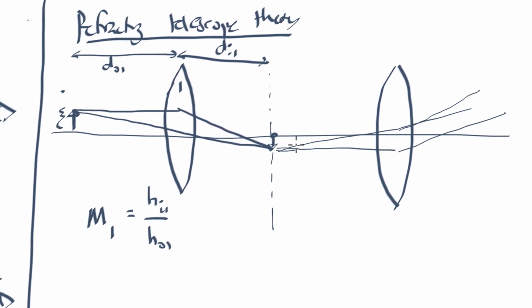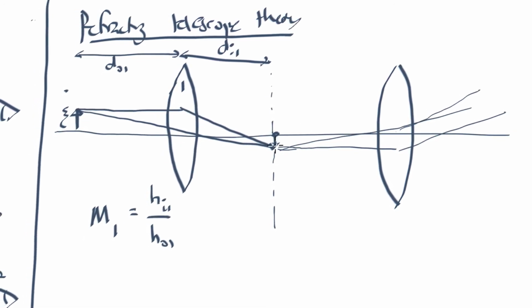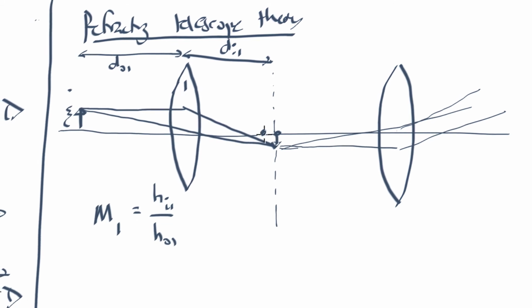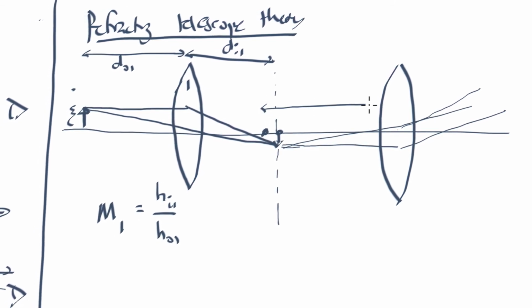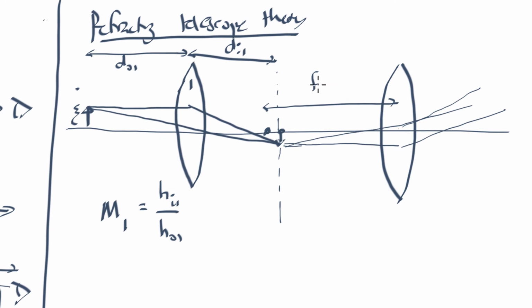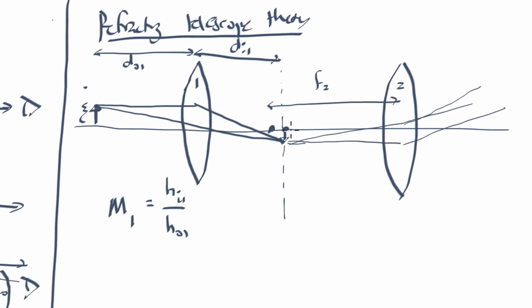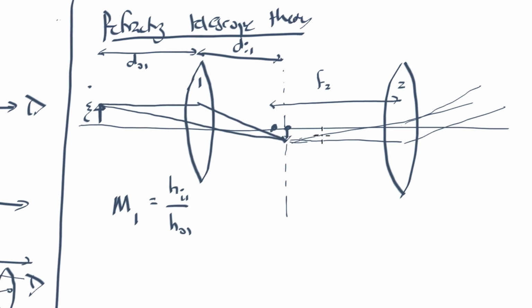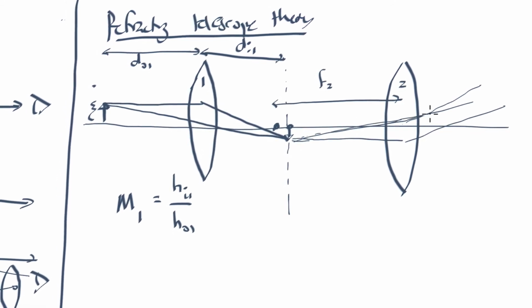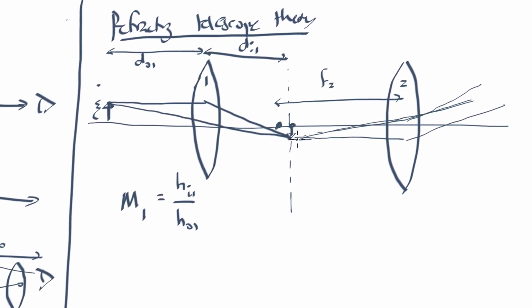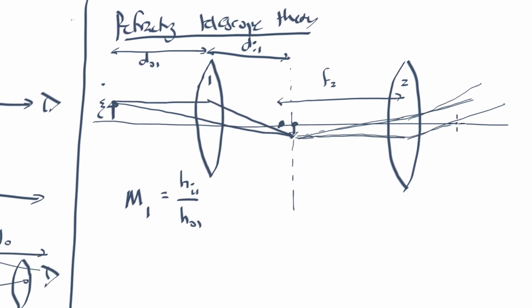Now, the important thing to notice is that this image is actually going to lie slightly within your focal length. It'll be just about at, but right near the focal length of lens 2, but just inside of it. And because it's inside of that focal length, these rays that are coming from the tip of this image will not be converging to your eye.